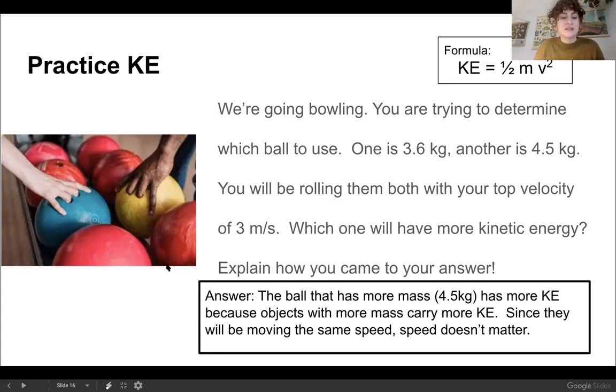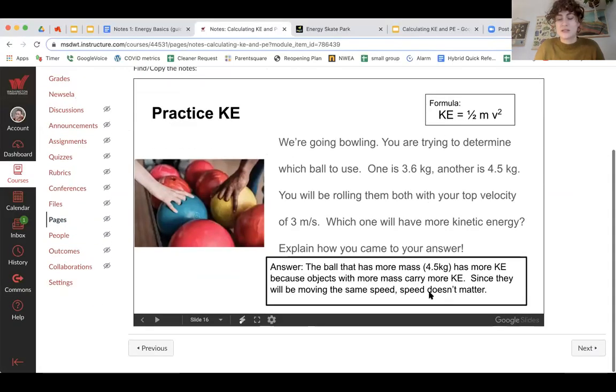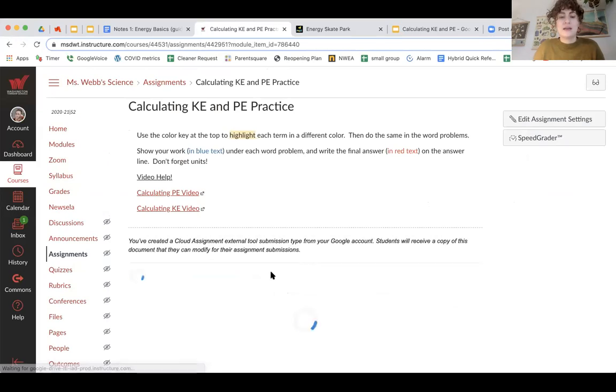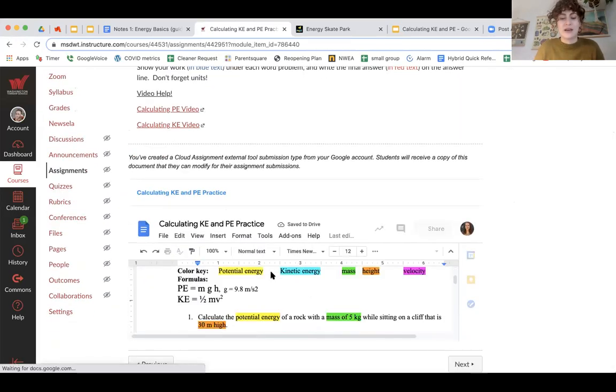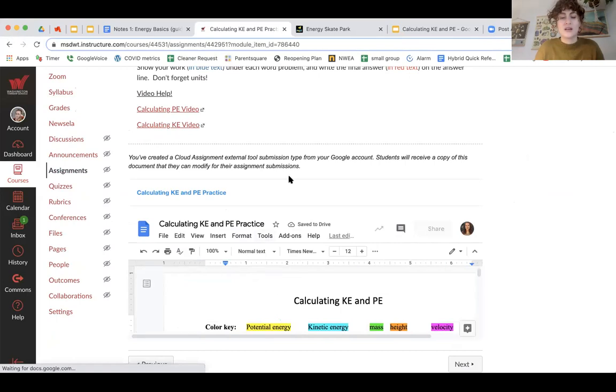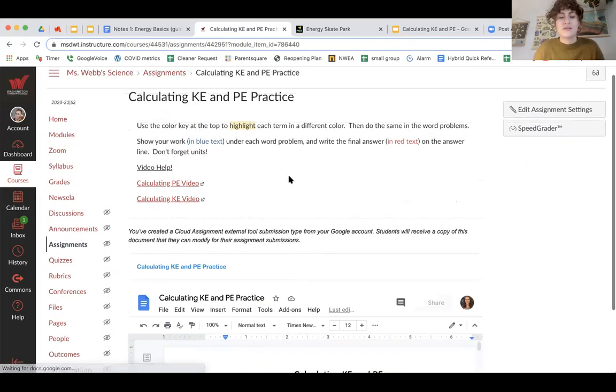So this is the end of the notes. The next part of your module is your assignment. The next part is called Calculating KE and PE Practice. And just like the Energy Skate Park, I have a worksheet here in Canvas. You can open it in a new tab and move it to your Unit 4 folder so that it's easy to find.